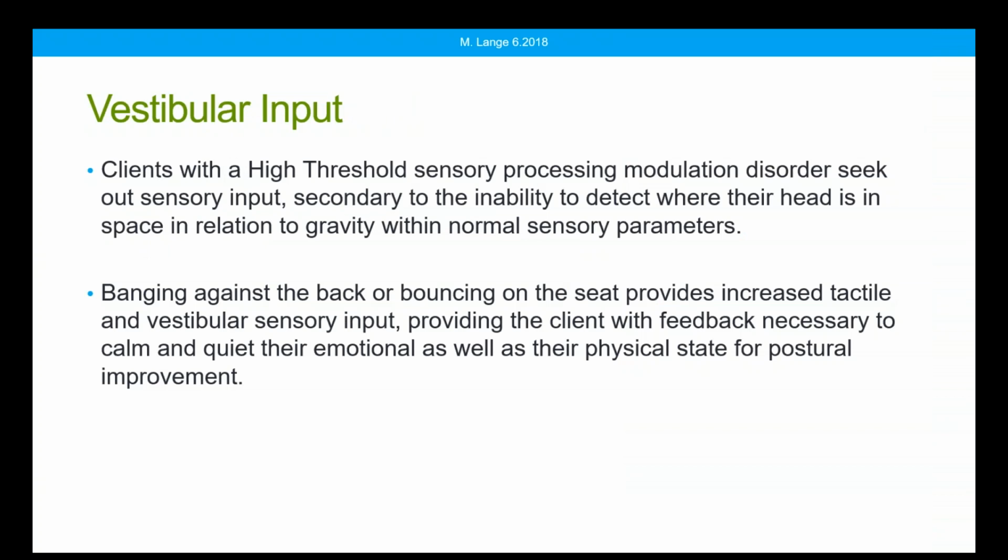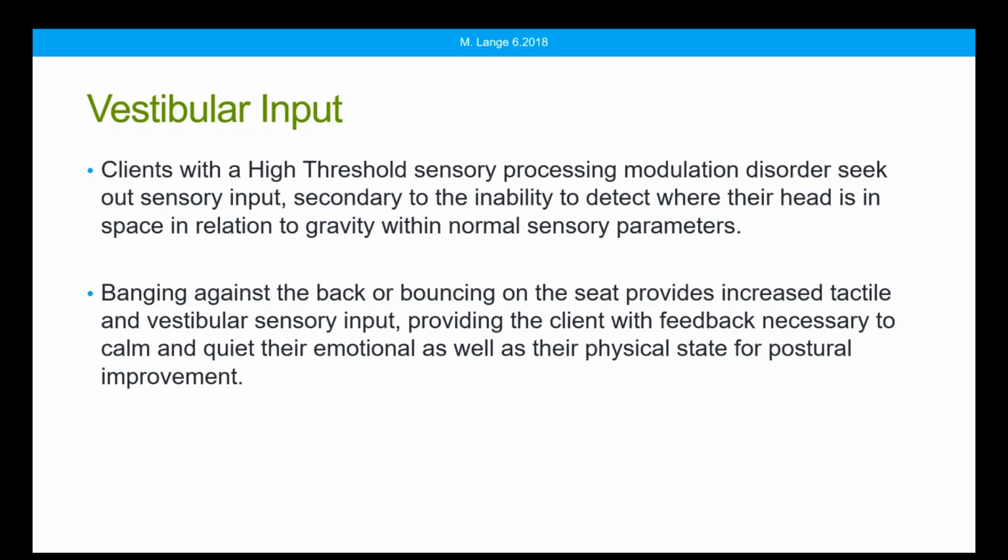Now, there are clients who have, per our latest terminology, high threshold sensory processing modulation disorder. These clients seek out sensory input. They have a high threshold. It just doesn't register unless they get a large amount of input in a certain sensory vein, such as vestibular.